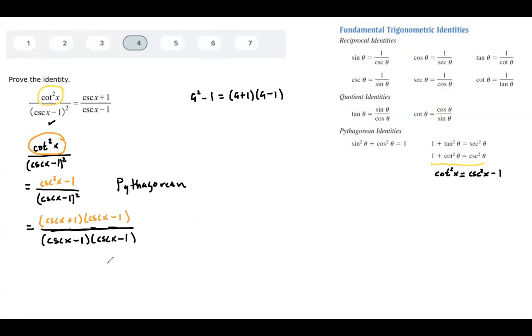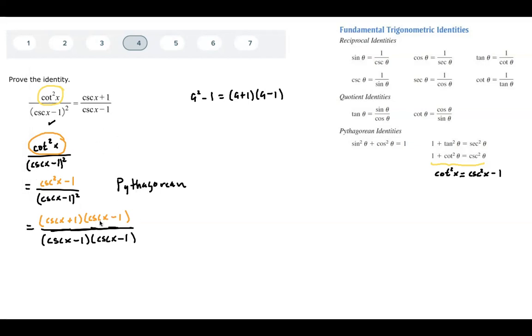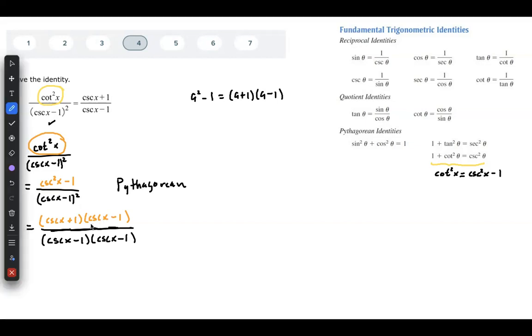So if you try to foresee that, you're going to be able to get rid of one by factoring. Factoring will allow you to break the squares into two factors or the difference of two squares, and you'll be able to cancel out this with this.